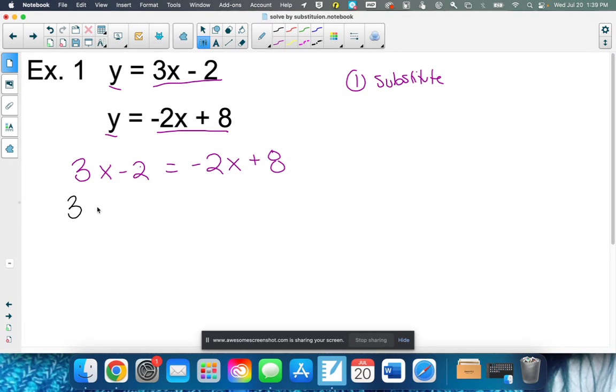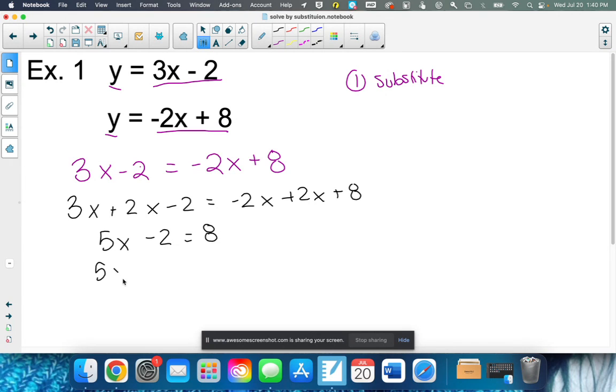So I'm going to add 2x to both sides. I've said this before that I don't like having negative variables if possible. So I'm always going to move the smaller of the two variables so that I don't have negatives. So 3x plus 2x is equal to 5x minus 2. Negative 2x plus 2x is 0, so it's a 0 pair, so that just equals 8.